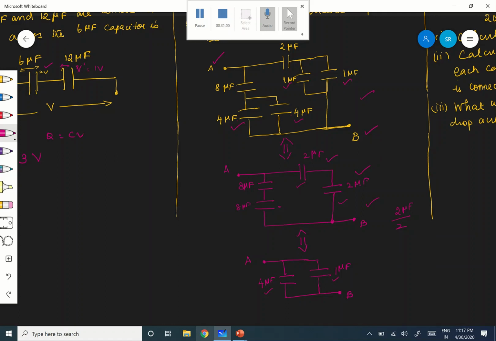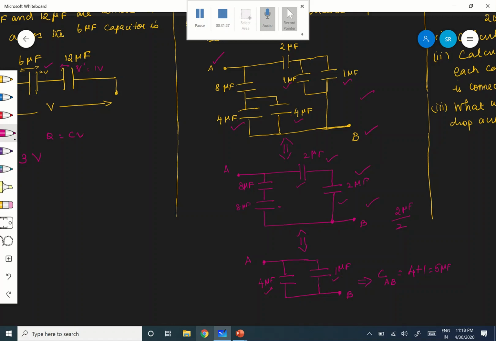Between A and B, 4 microfarad and 1 microfarad are in parallel. Parallel means 4 plus 1, that is equal to 5 microfarad. Are you following? Is it clear, children? Okay.